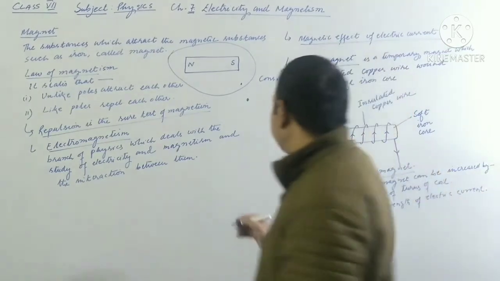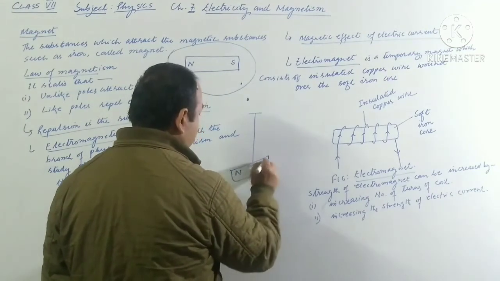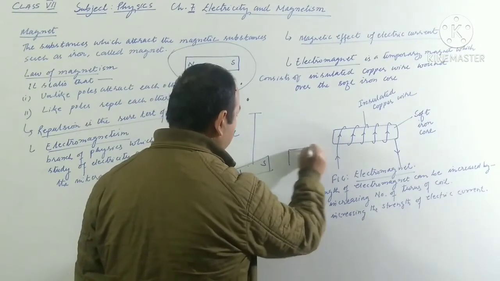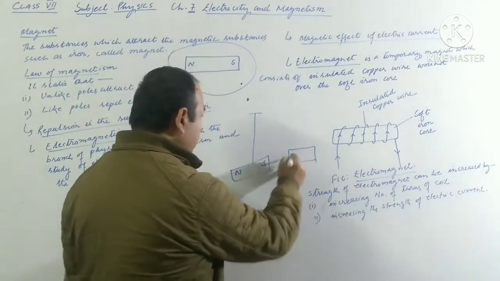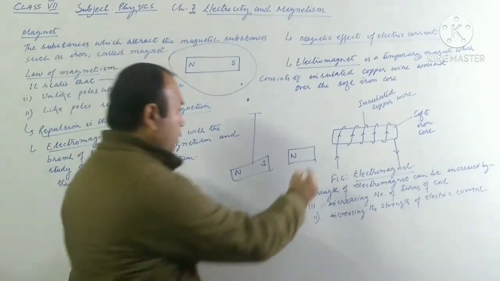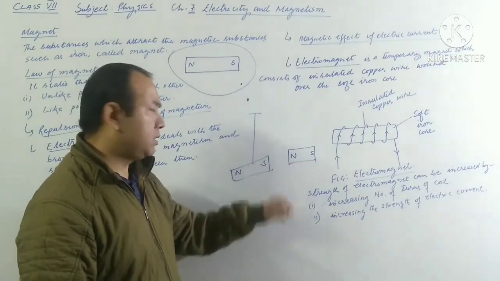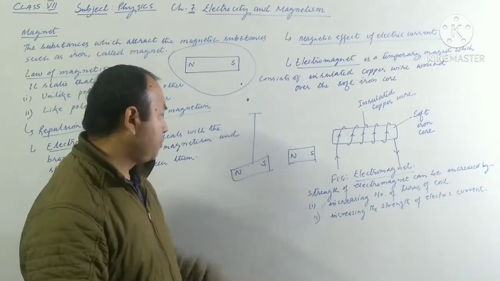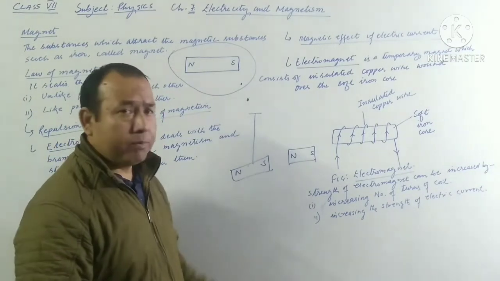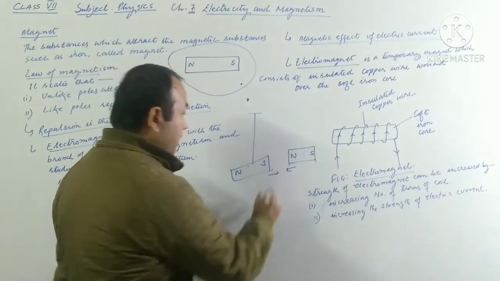If you suspend a magnet like this, and bring another magnet, with the south pole on this side and the north pole on the other, then when the two magnets come closer to each other, as they have opposite poles, they attract each other.